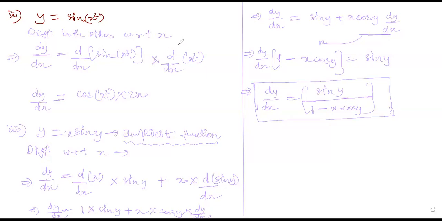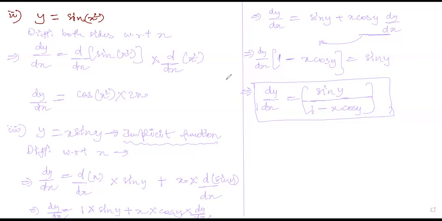Now using the same, we can also find out the differentiation of inverse trigonometric functions. So let's understand with two of the examples. We will be having 4 new formulae here: the differentiation of sine inverse x, cos inverse x, tan inverse x, and cot inverse x.